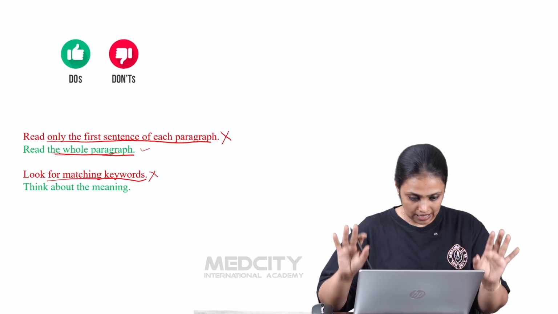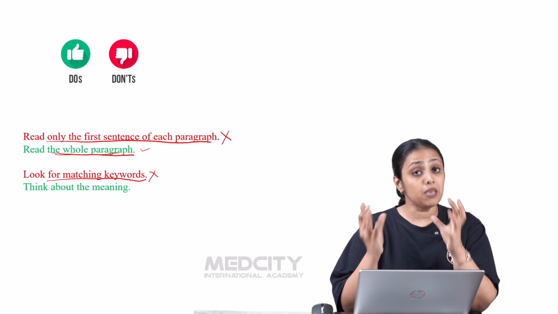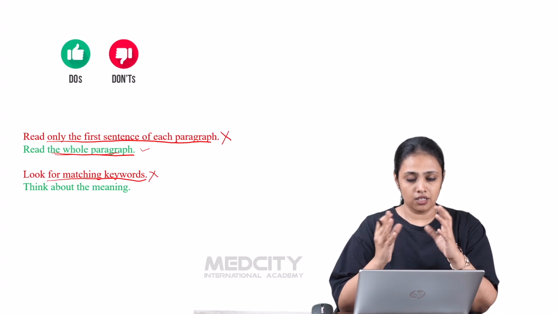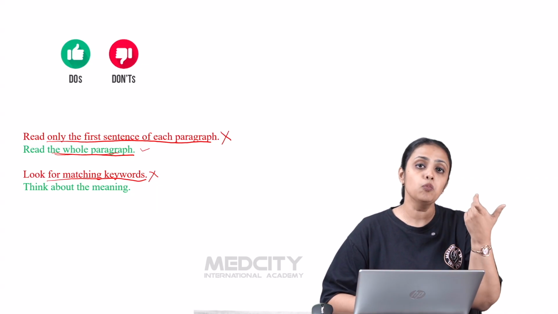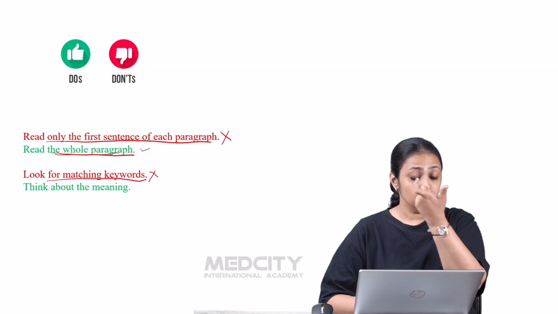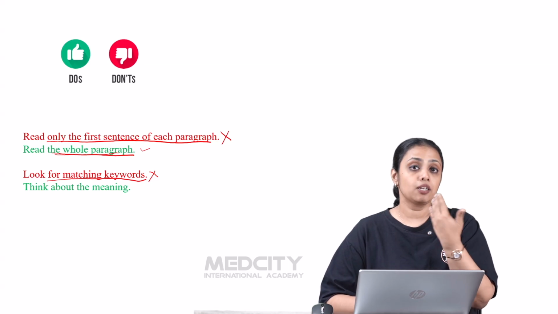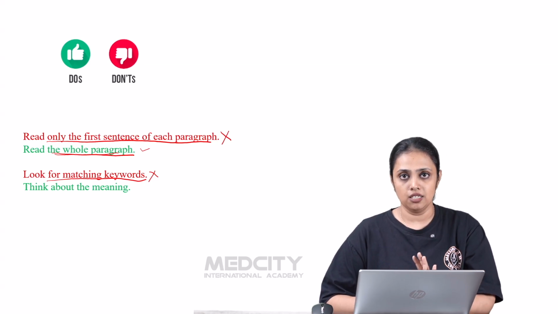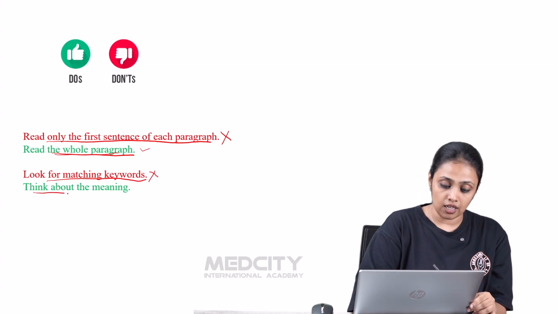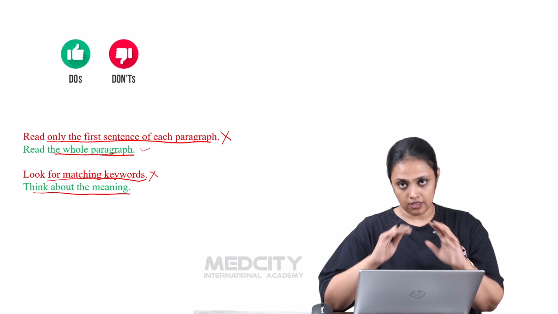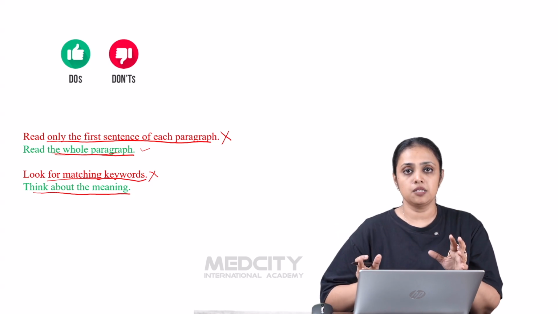You have to read the entire paragraph and think about the meaning, what the entire idea the paragraph is trying to convey. You might not find the same word in the heading that is in the paragraph, but that can be the right answer. So don't go for a word by word match. Rather, think about the meaning. Read the paragraph, understand its meaning, and then match it with one of the headings.